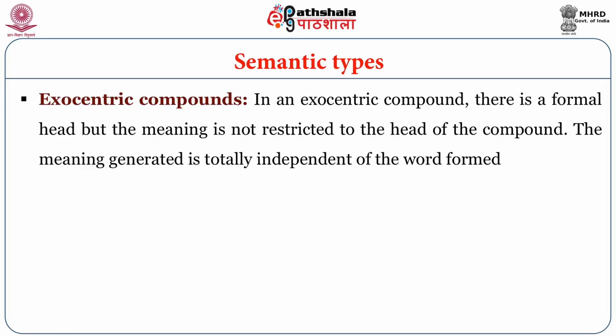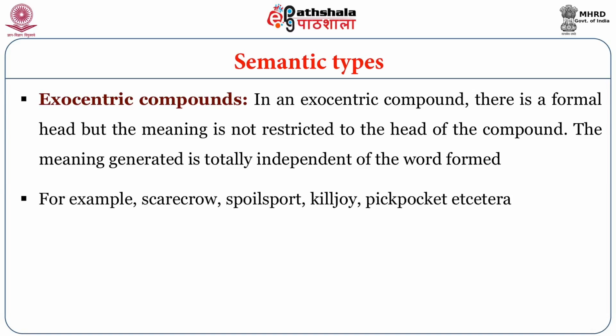The meaning generated is totally independent of the words formed. For example, the scarecrow that we discussed, it is neither a crow nor a scare. Likewise pickpocket. Spoilsport, nothing to relate with sport, but it's an independent word.